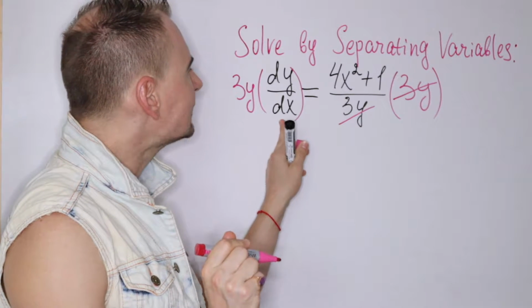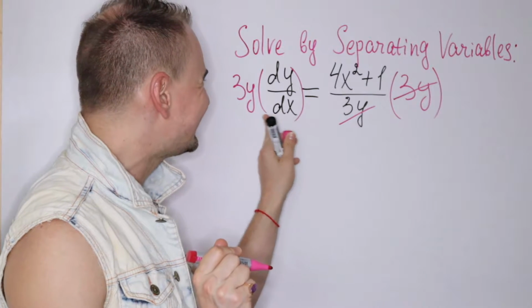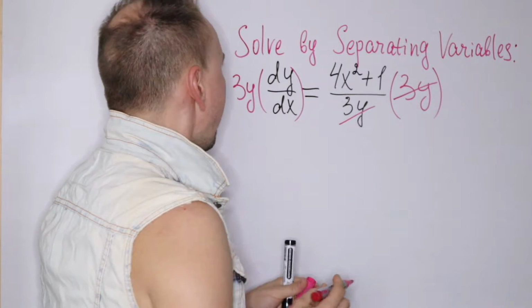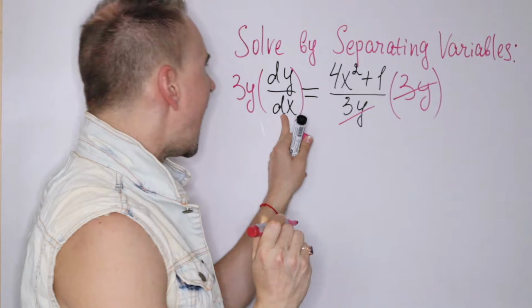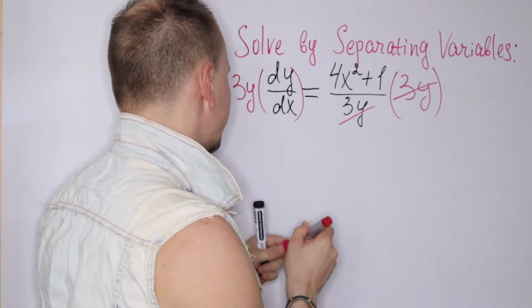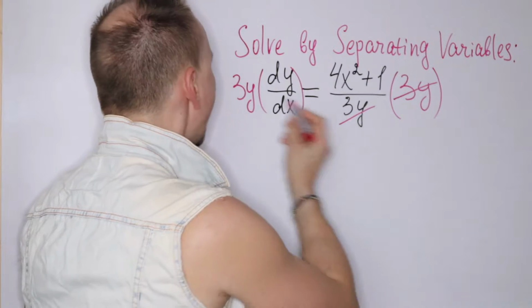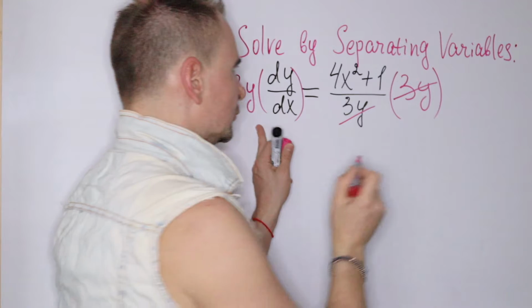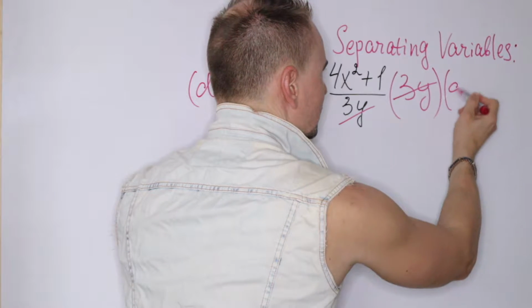Now at this point, I'm going to move this dx differential to the right side by multiplying both sides of your equation by dx. And again, what you do to one side, you have to do to the other side.